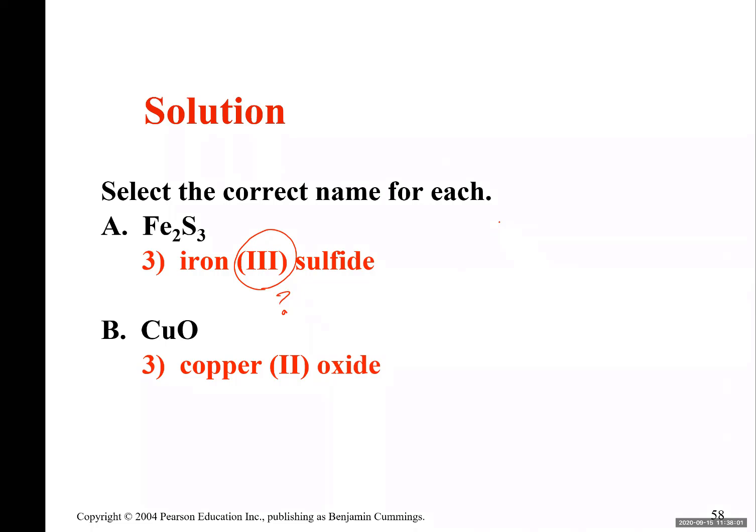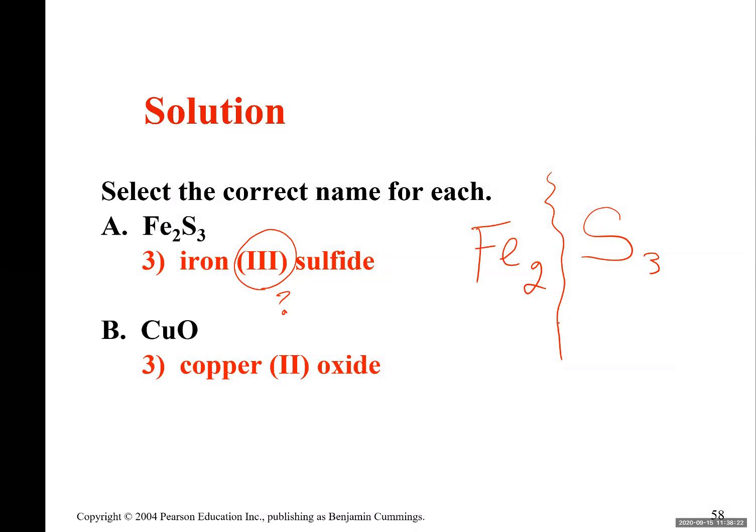Let's do that together again. So this is Fe2S3. Step number 1, separate metals from non-metals. How do you know Fe is metal and sulfur is non-metal? You have a periodic table, and the periodic table is color-coded.